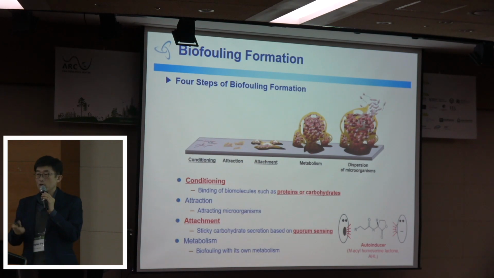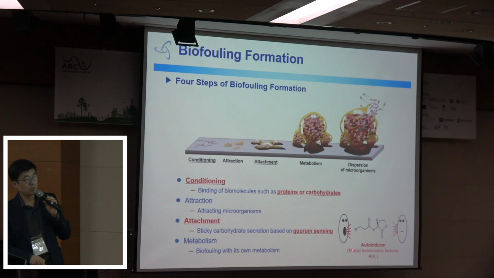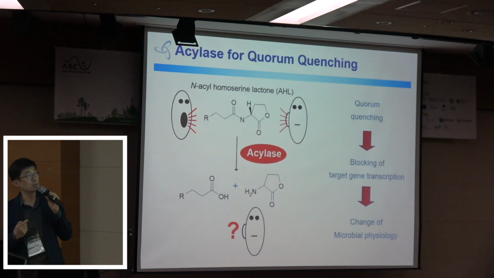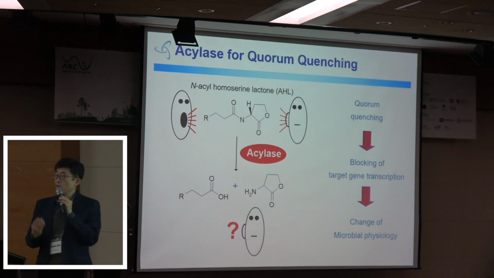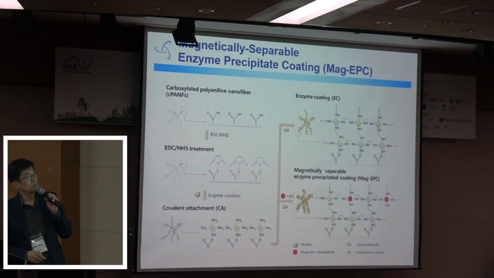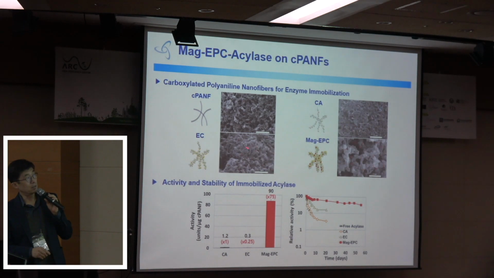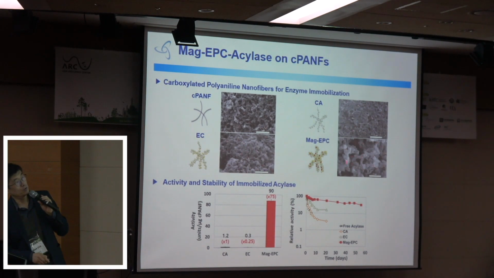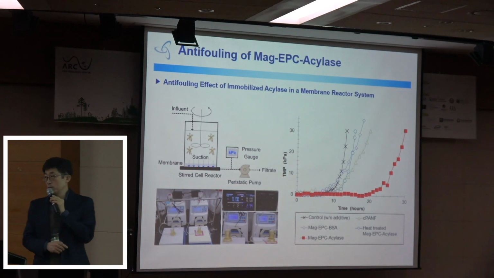When they use that kind of communication, they use what are called autoinducers. So our strategy is, for one of the famous autoinducers, N-acyl homoserine lactone, we inactivate it by using an enzyme. It's very simple. Then we improve the activity as you can see here, stabilize it, and use it in the membrane system.